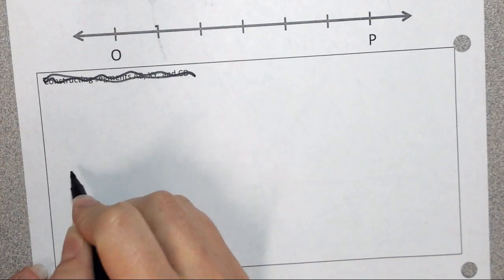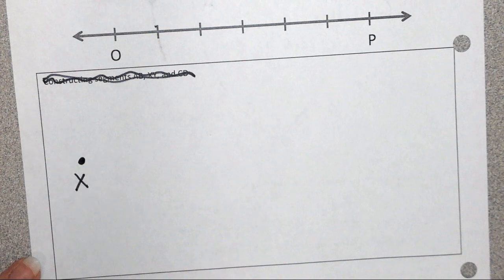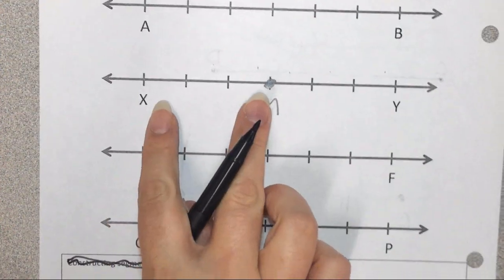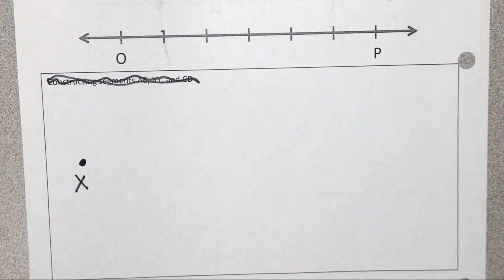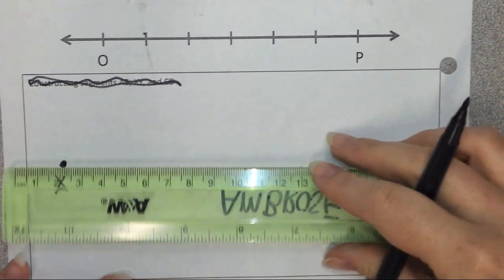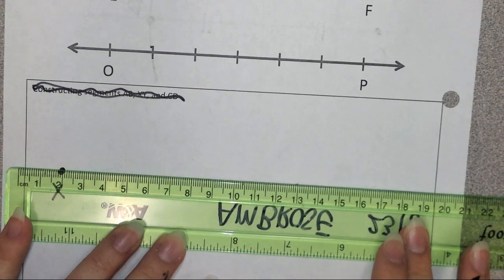So the first thing is that we need to create a place for us to put this segment XM. So you're going to place this point X, and then you want to create a line using a straight edge. So I'm going to take my ruler.